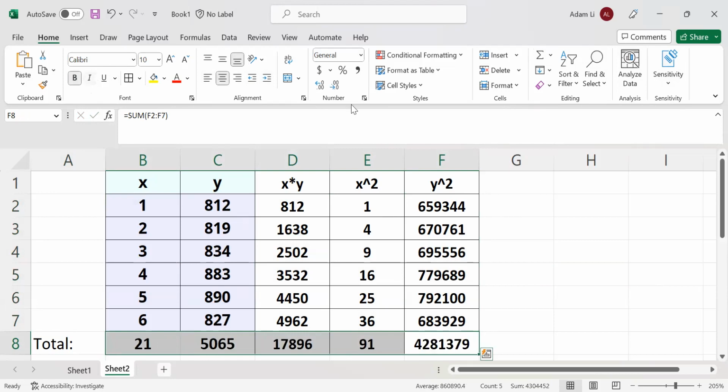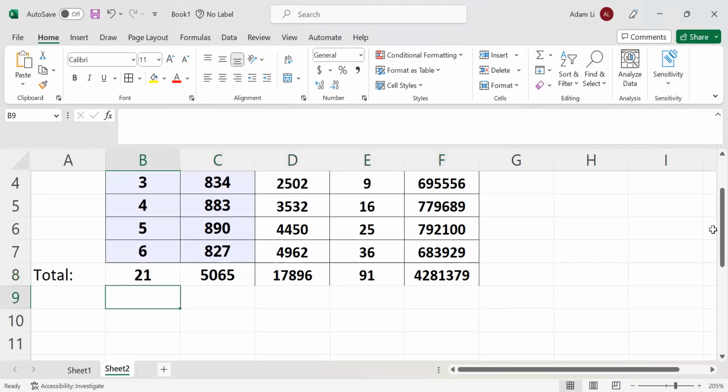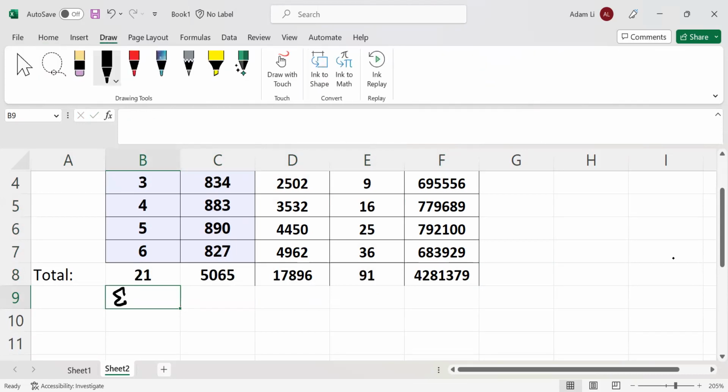The next thing I'm going to format it, and then just write it. So the total of X is 21. Total Y is 5065. Use it smaller. And then the total of XY.